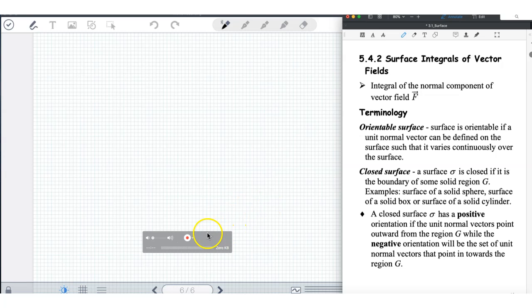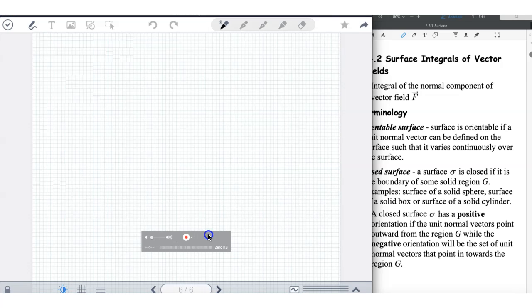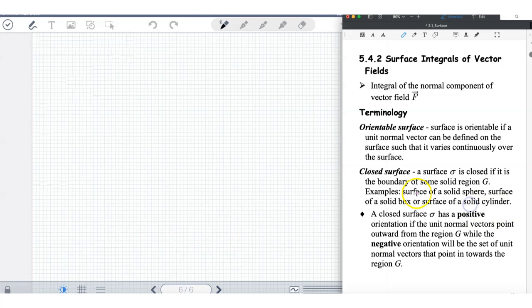Before we go further, there are some terminologies that you will see over and over again in this particular section. The first one is orientable surface. A surface is orientable if we can obtain the unit normal vector of the surface.